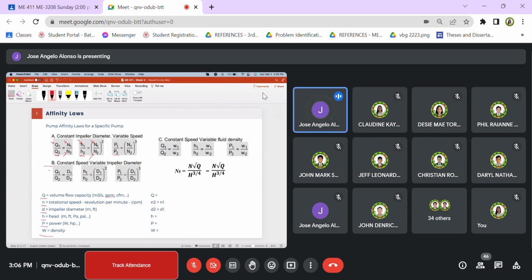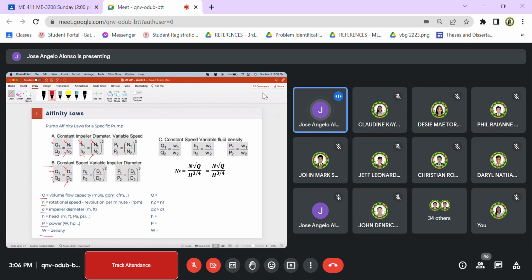Again, we have the existing value for the volume flow capacity kasi existing na siya. We already know the existing diameter ng impeller. Ngayon, inutusan tayong palitan ng impeller, make it bigger or make it smaller depending on the requirement. Then we can find the value of the new volumetric flow rate.